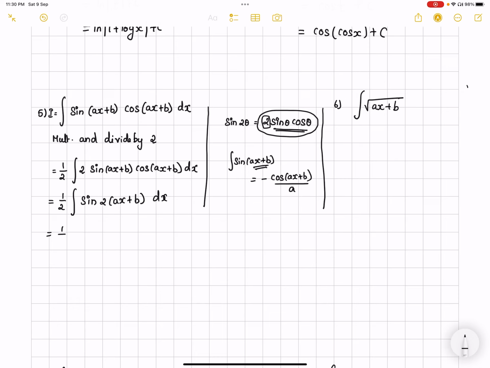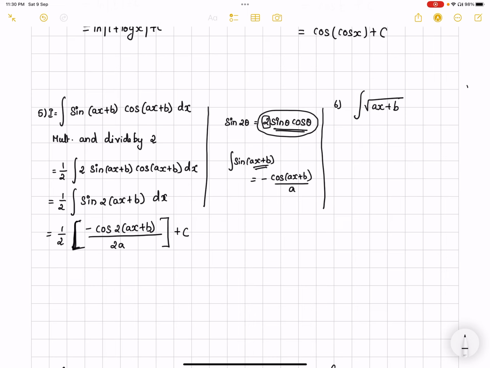So here I would be having 1 by 2 integral, sorry, no need to, I will just integrate. So sine integration is gonna be minus cos. So minus cos of 2 times ax plus b divided by 2a plus c.